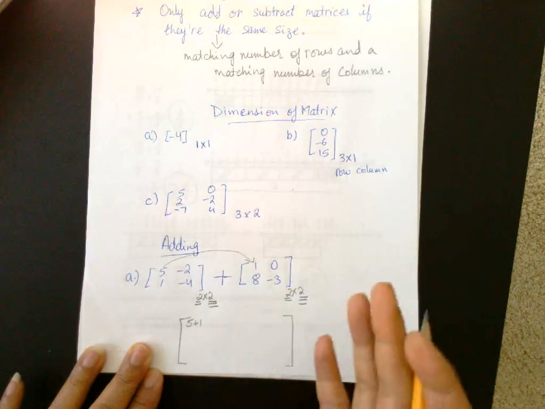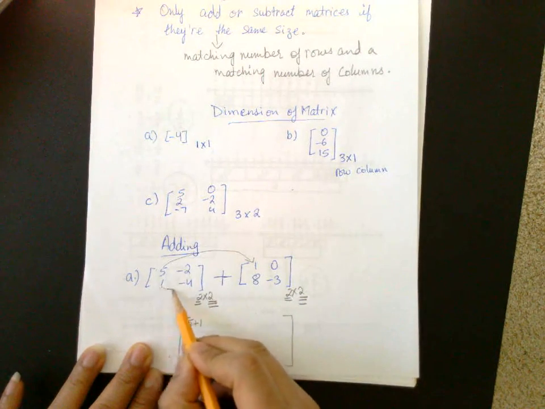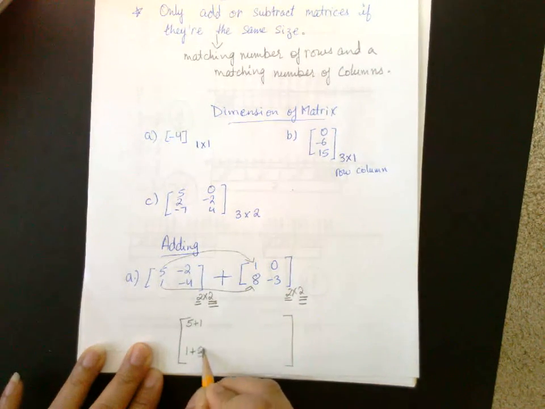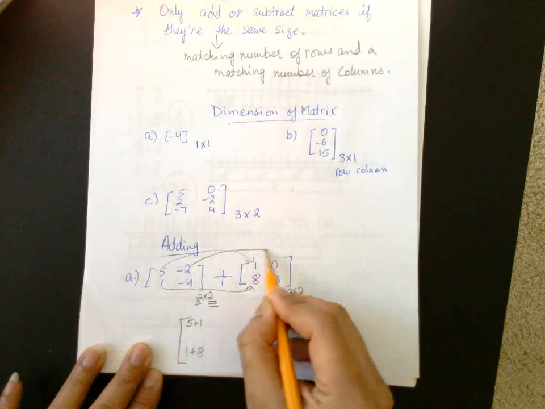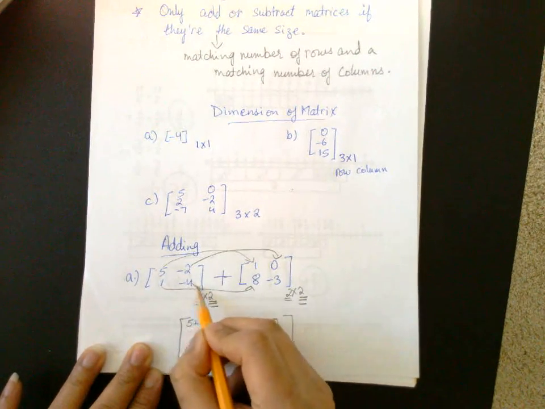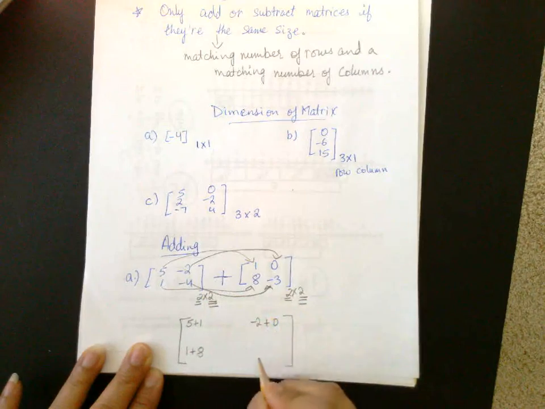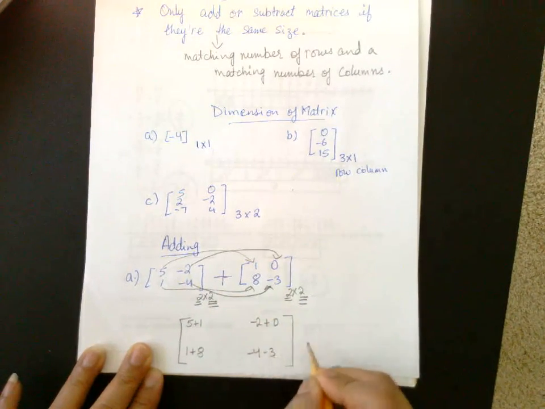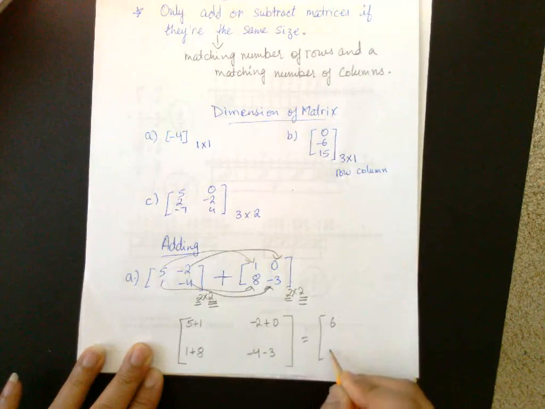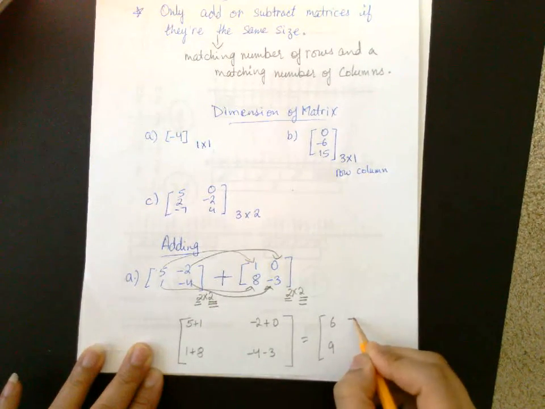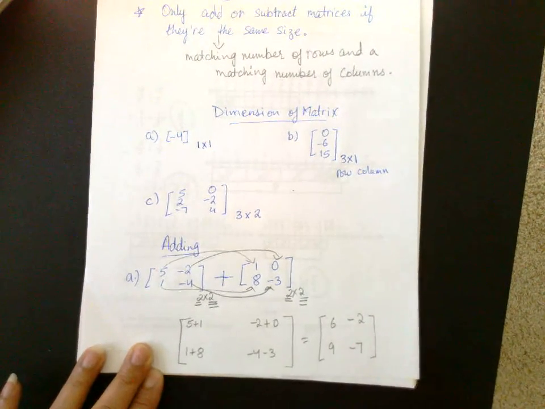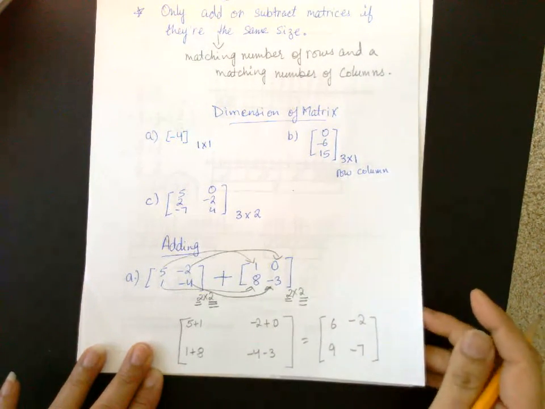But write step by step. 1 and 8, -2 plus 0, and -4 and -3. So the end result will be 6, 9, -2, -7. Right?